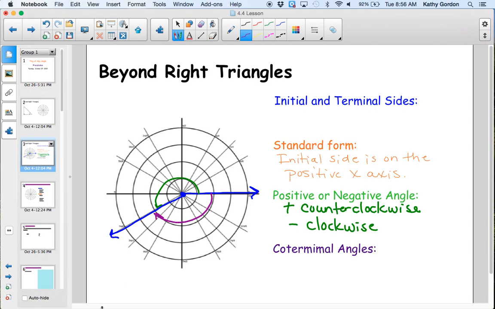That would be coterminal. Another possibility would be to rotate around the circle several times and end up in that same place. However many degrees or radians I went through in all those rotations, that angle is still coterminal to that original blue angle because the terminal side ended up in the same place.